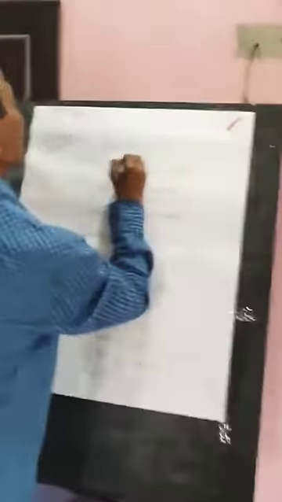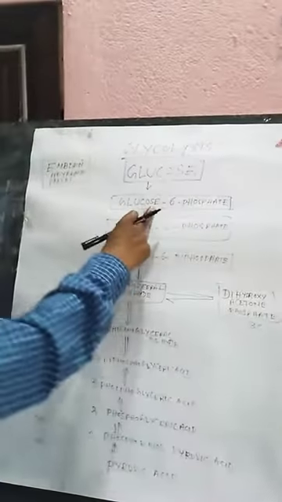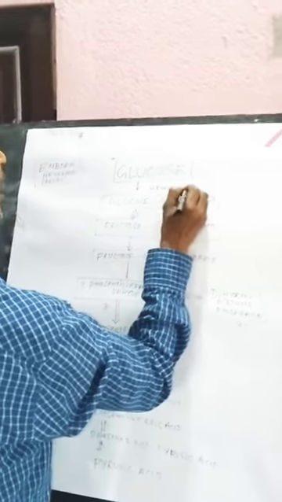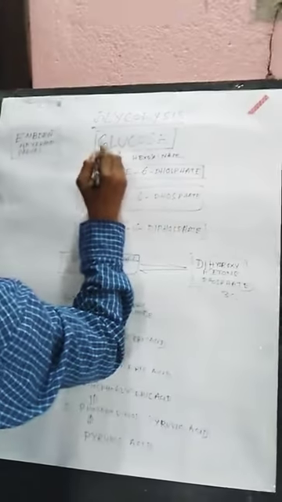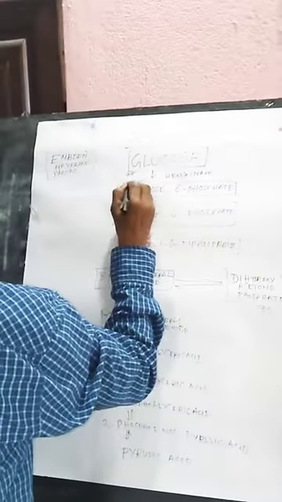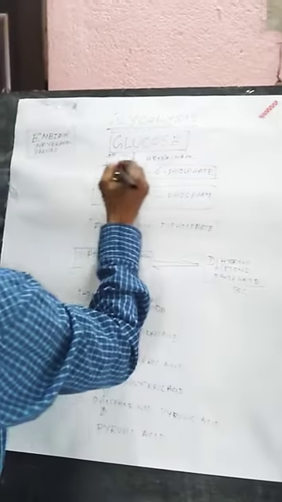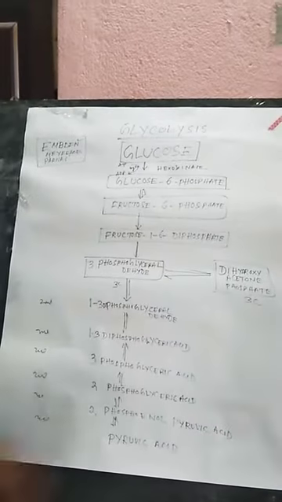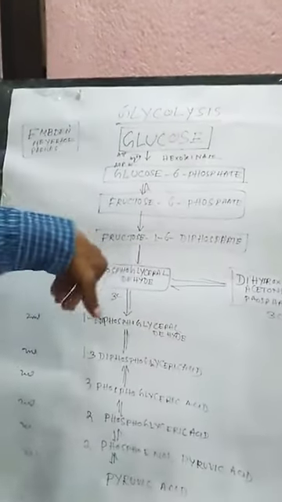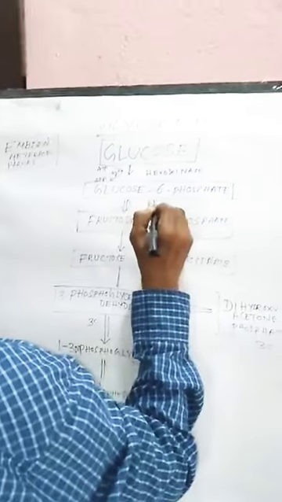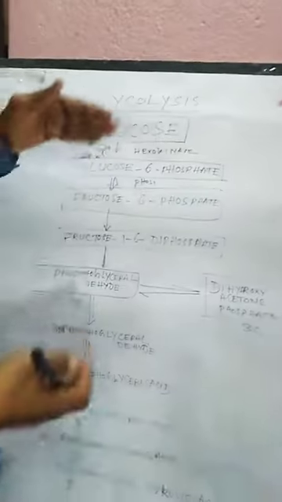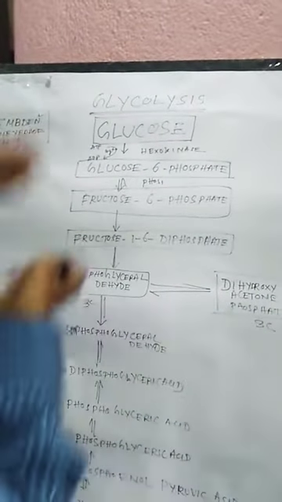Let me start here. First step, from glucose to glucose 6-phosphate. The enzyme is hexokinase. Here ATP, adenosine triphosphate, goes to adenosine diphosphate, and Mg2+ is the activator. Then next, phosphoglucoisomerase converts glucose 6-phosphate to fructose 6-phosphate, an isomeric change.